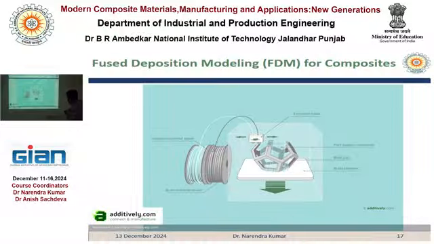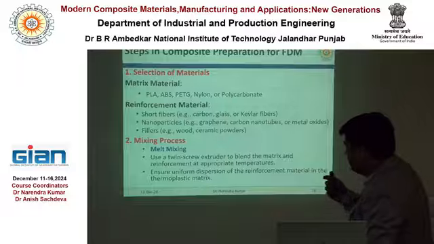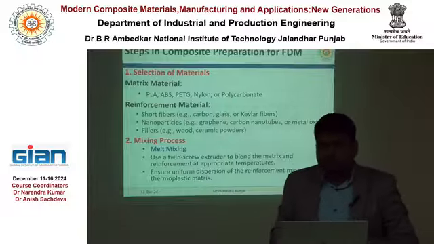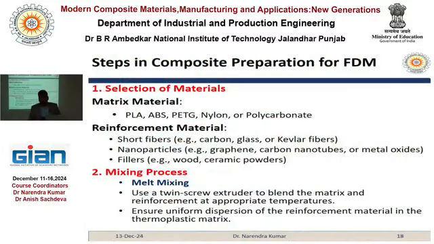Now suppose I want to make a composite material for this particular process, what steps do I need to follow? So first, I will select my matrix material. It may be PLA, it may be ABS, it may be nylon, it may be PETG, right?